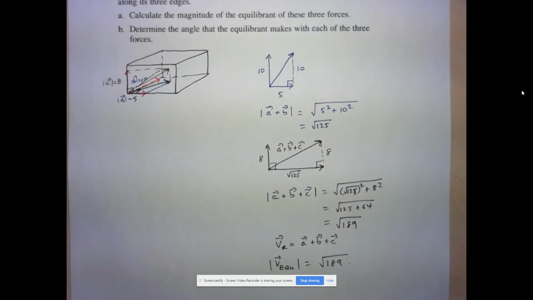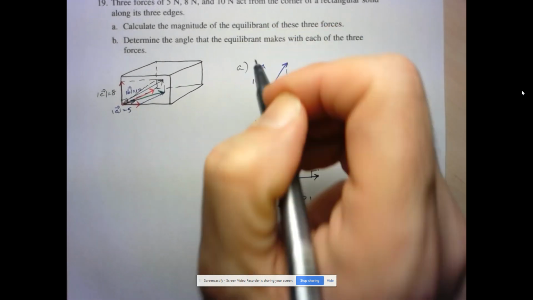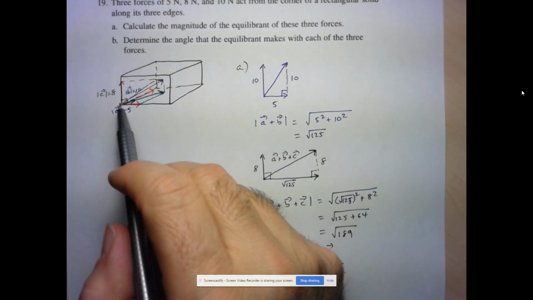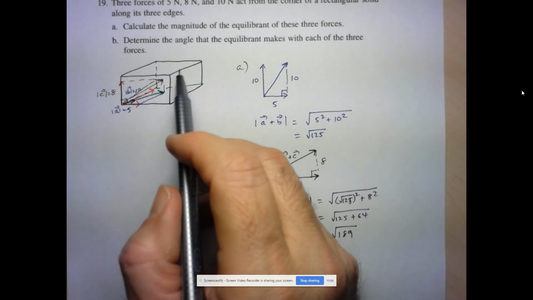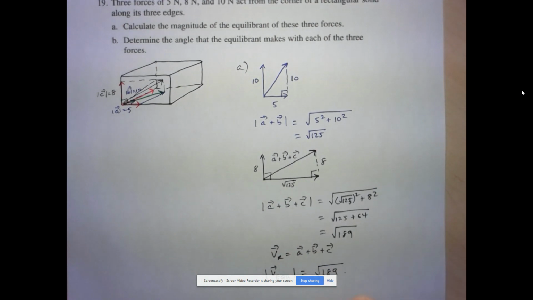Now, when you think about it, you've seen something like this before when we were determining the vector that joined the two opposite corners of a rectangular prism or of a cube. You just ended up using Pythagoras twice, and that's exactly what we did here.